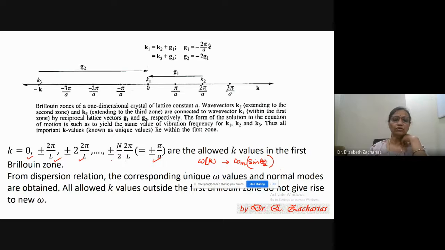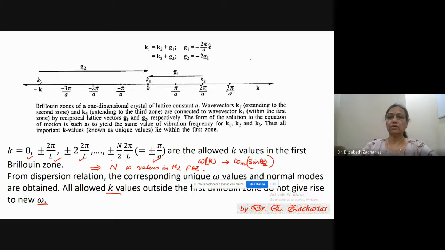So this also means that there are capital N omega values in the first Brillouin zone. So from the dispersion relation, you are able to see all the allowed k values and all the allowed omega values.